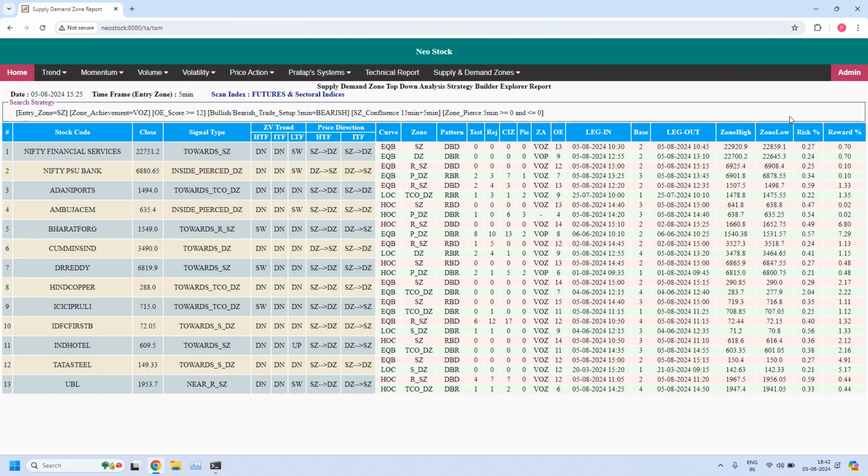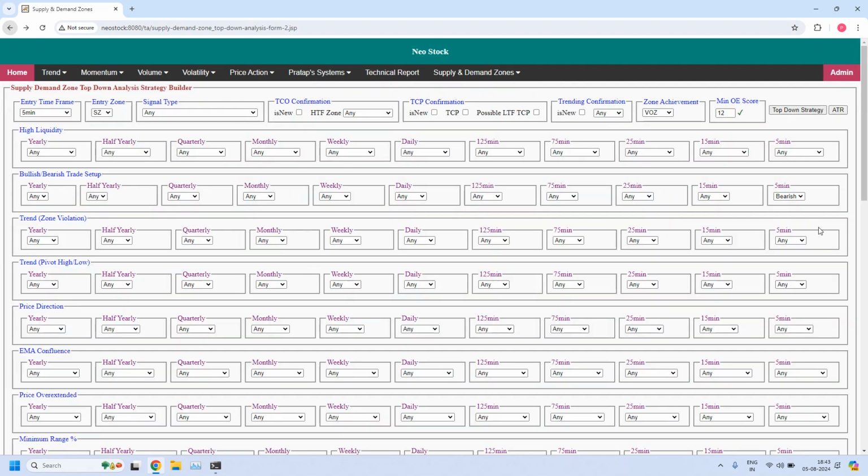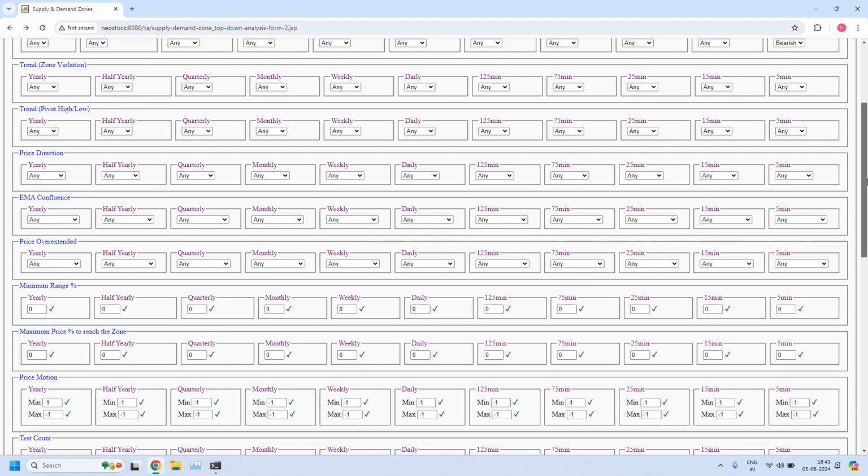Let us filter the stocks. Now the list is reduced to 13. From 18 it has come down to 13. Out of these 13, how many are having confluence with the HTF time frame? That is, HTF is the 75 minutes time frame. So let me go back. Let us add HTF confluence also.